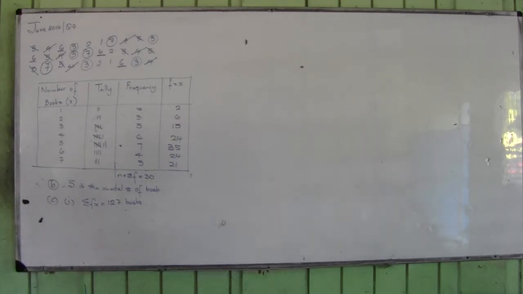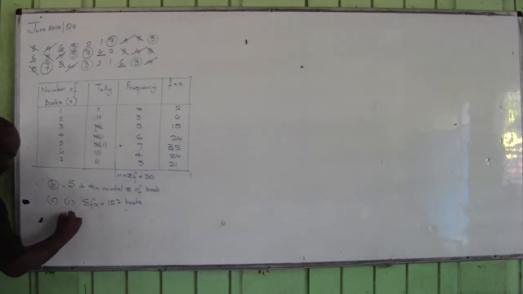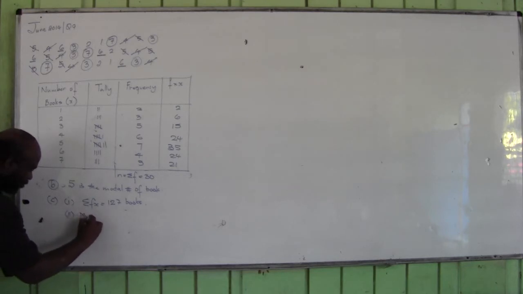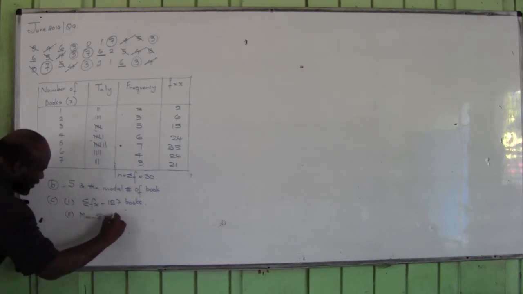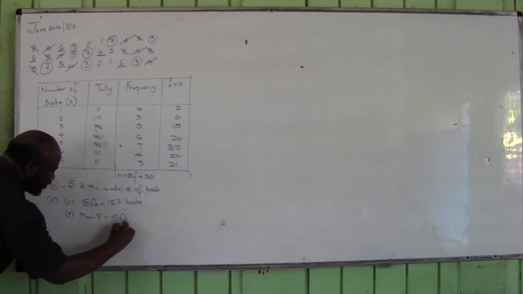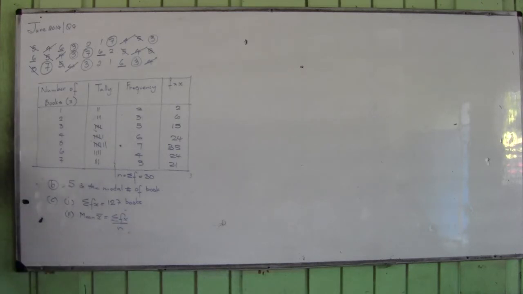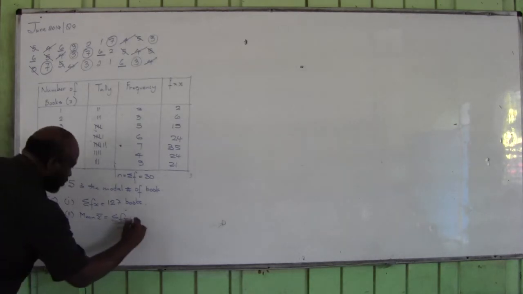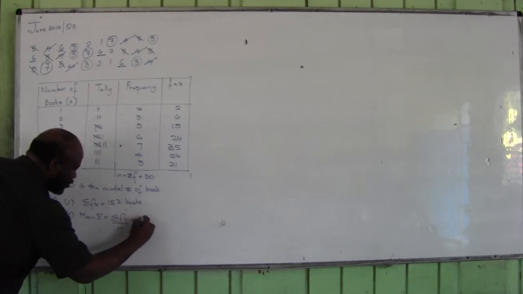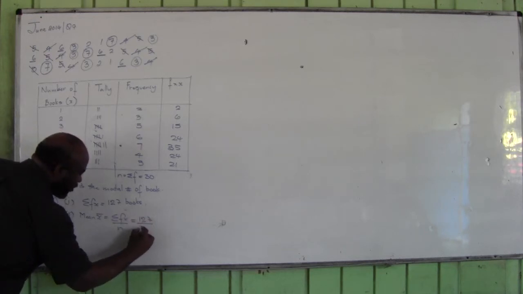Now, the mean number of books per bag. Ladies and gentlemen, the mean x bar is equal to the sum of fx over n. So this is 127 over 30.